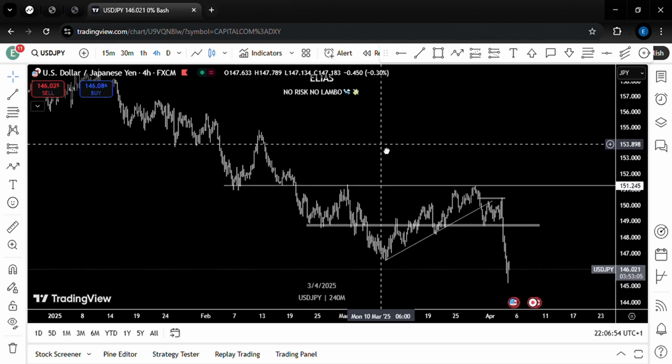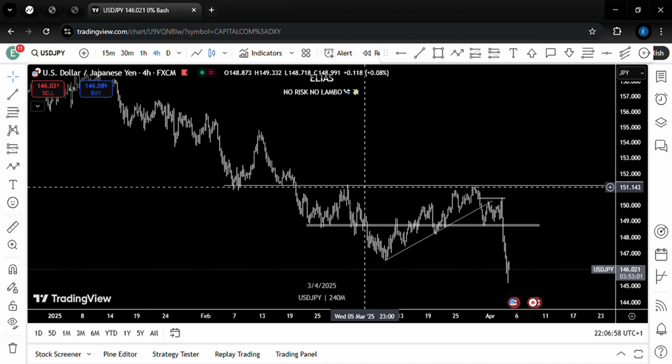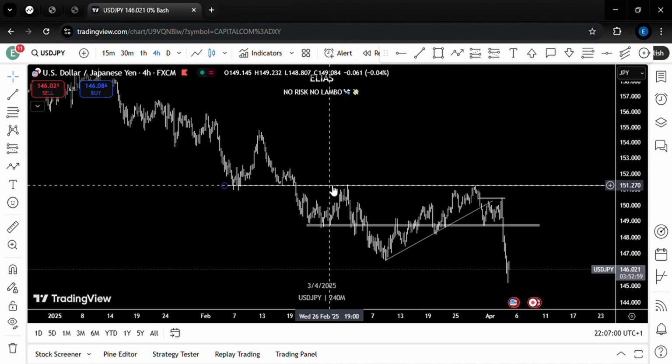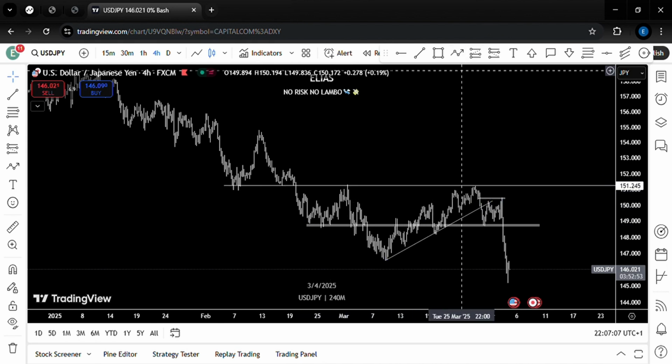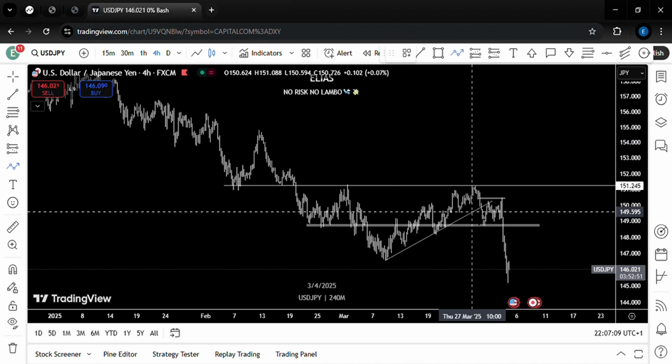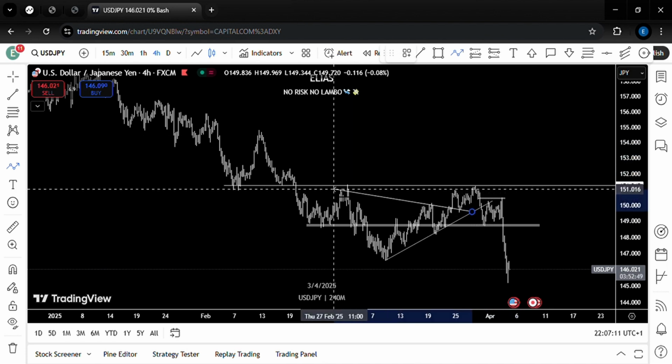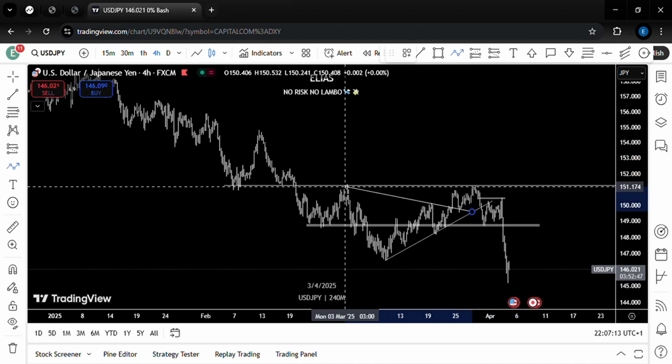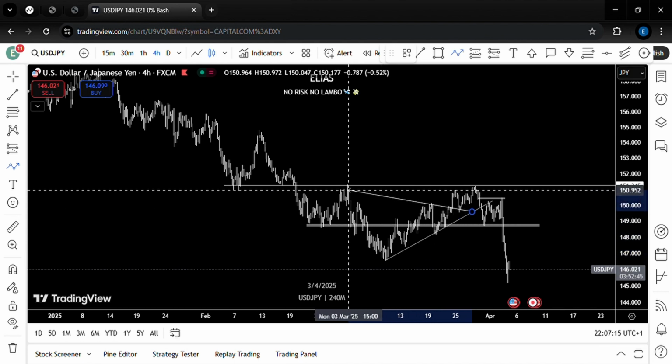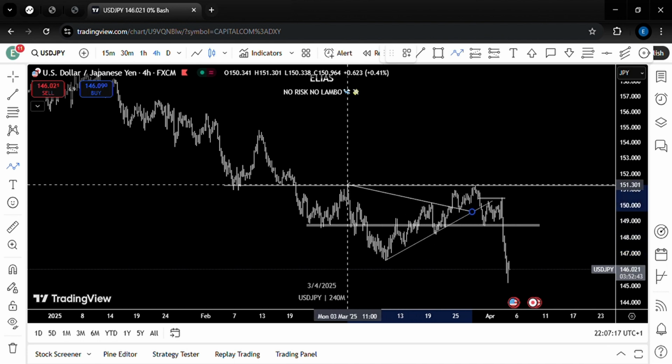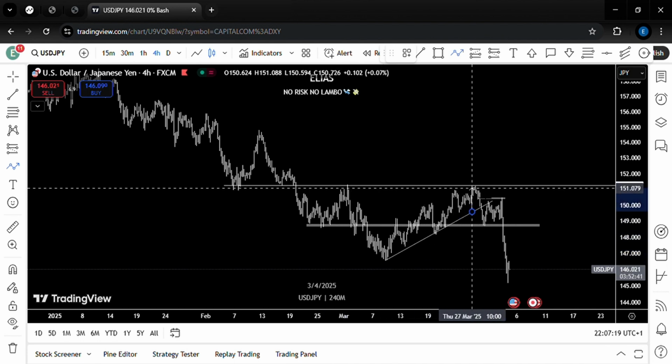So signaling to us that we are still on a bearish downtrend, which is why I draw this horizontal line. It is this high that created this low, so making it a very strong high.